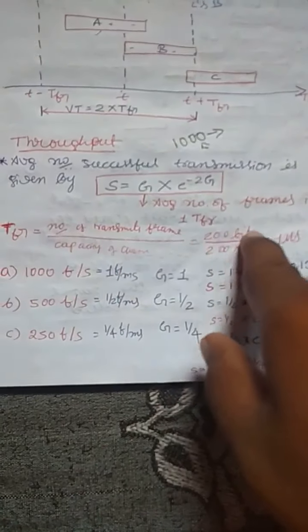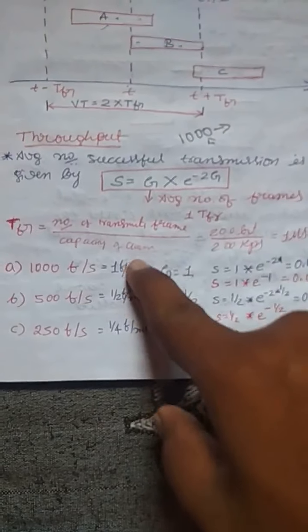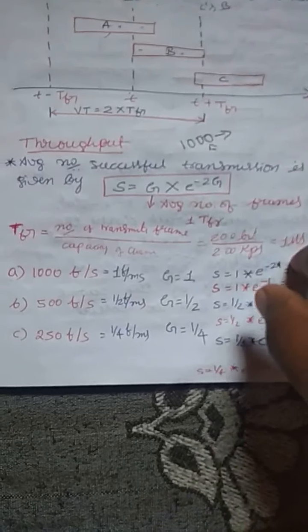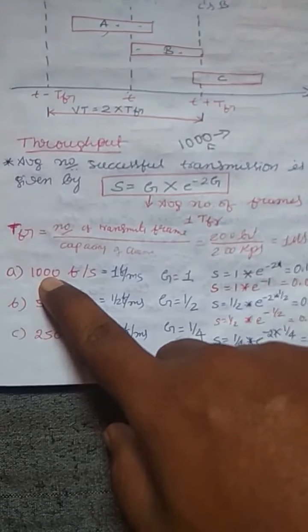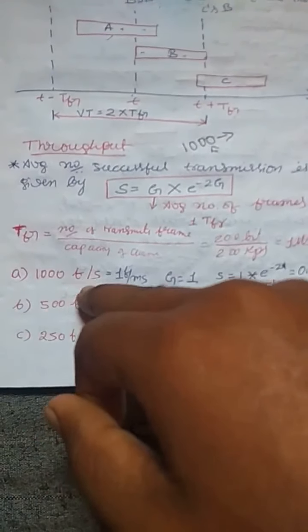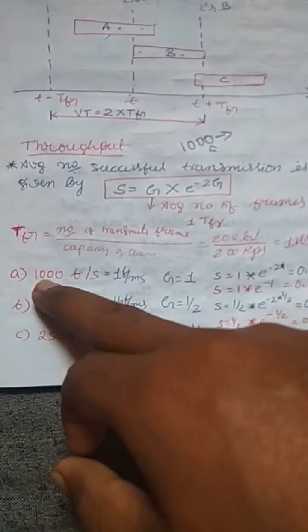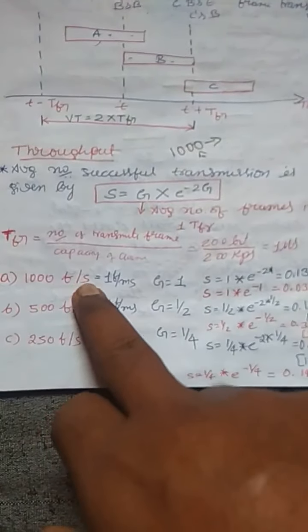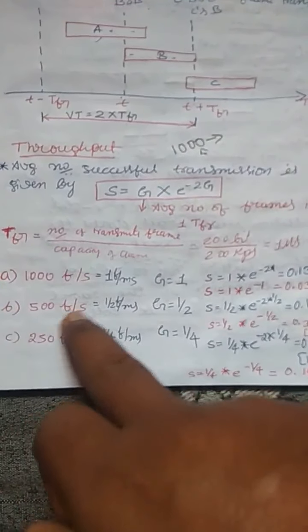Here 200 bits divided by capacity of 200 kbps, then we will get 1 millisecond. Now we have to calculate, using this frame transmission time, the throughput for some frame rates per second. First calculate the throughput for 1000 frames per second, next 500 frames per second, 250 frames per second.